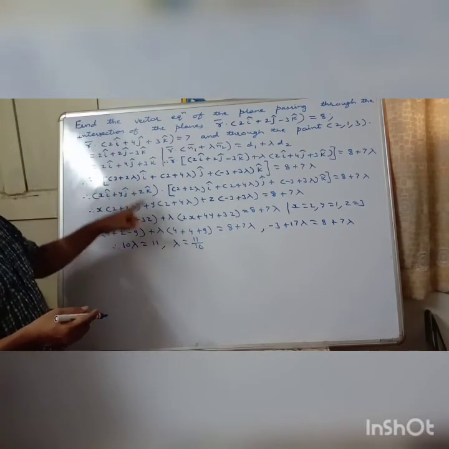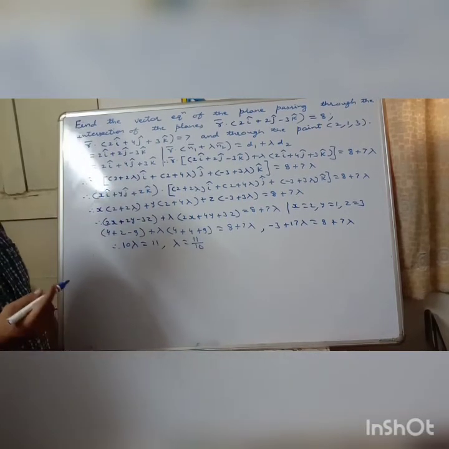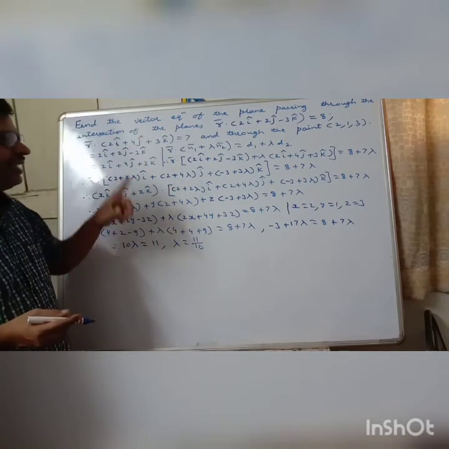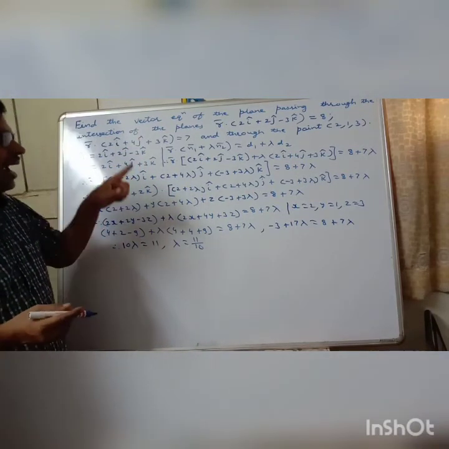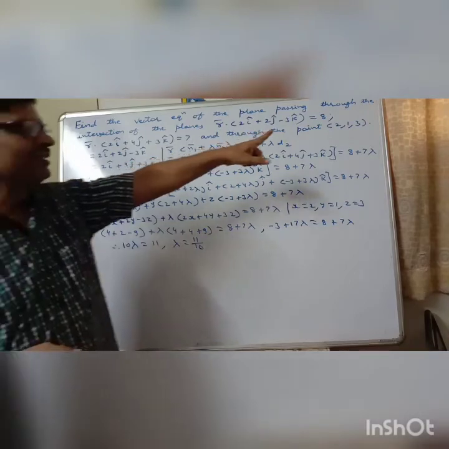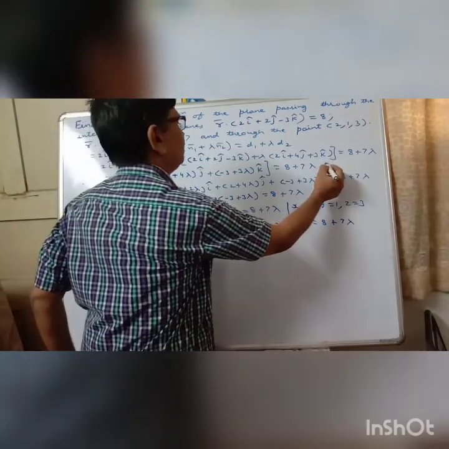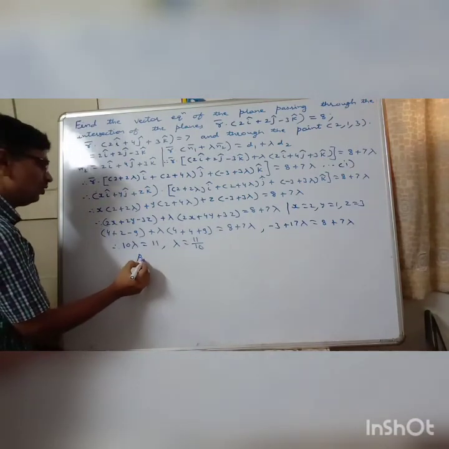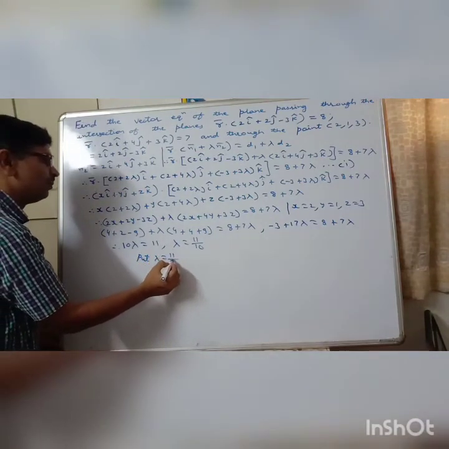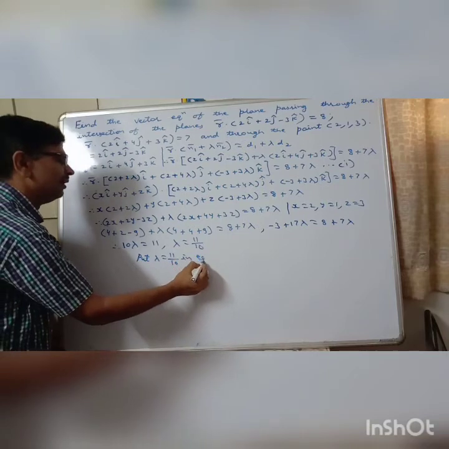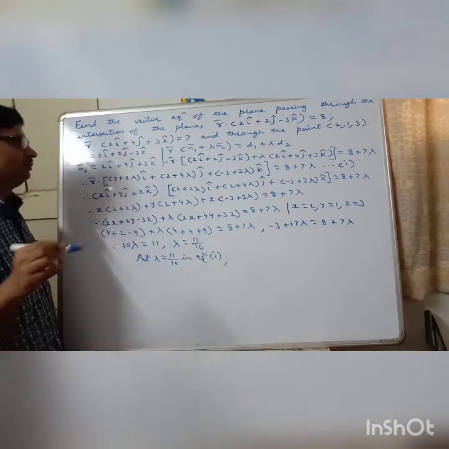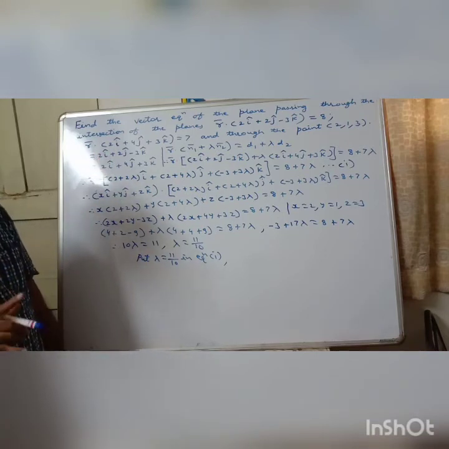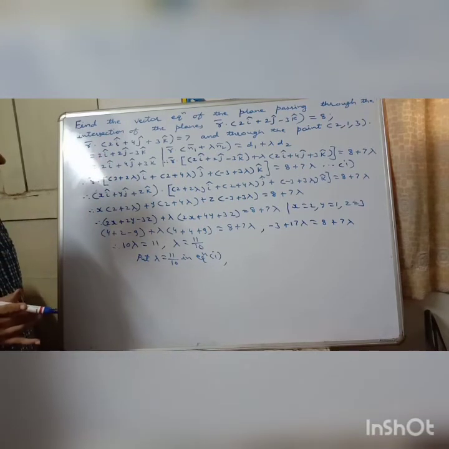If we put value of lambda in this equation, we get plane which is passing through intersection of two planes and which passes through given point. So put value of lambda 11 by 10 in equation 1. After simplification, we get required equation of plane.